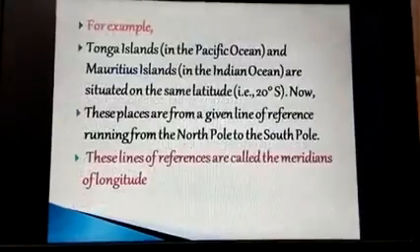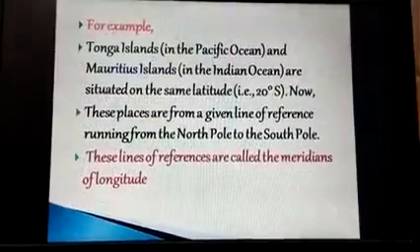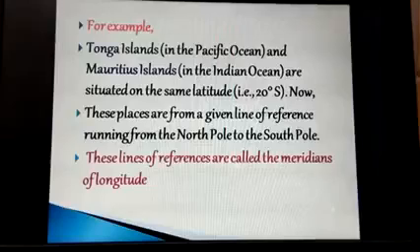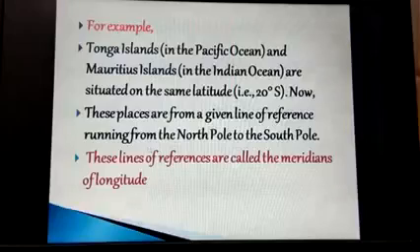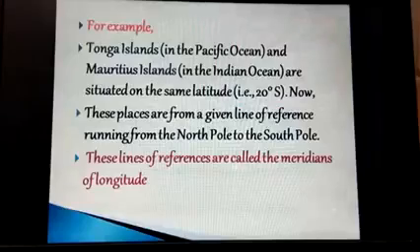For example, Tonga Island is a very famous island in the Pacific Ocean, and Mauritius is in the Indian Ocean. These are situated on the same latitude, about 20 degree. Now there are places for which we need some references. The line of reference is called the meridian of longitude. How do we identify places on the north side and south side, east side, west side? When we consider some lines, these are called lines of reference.